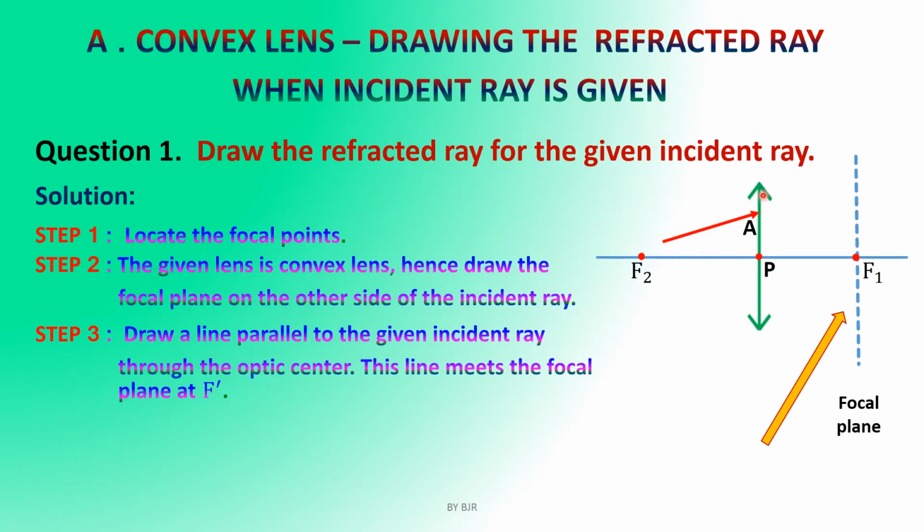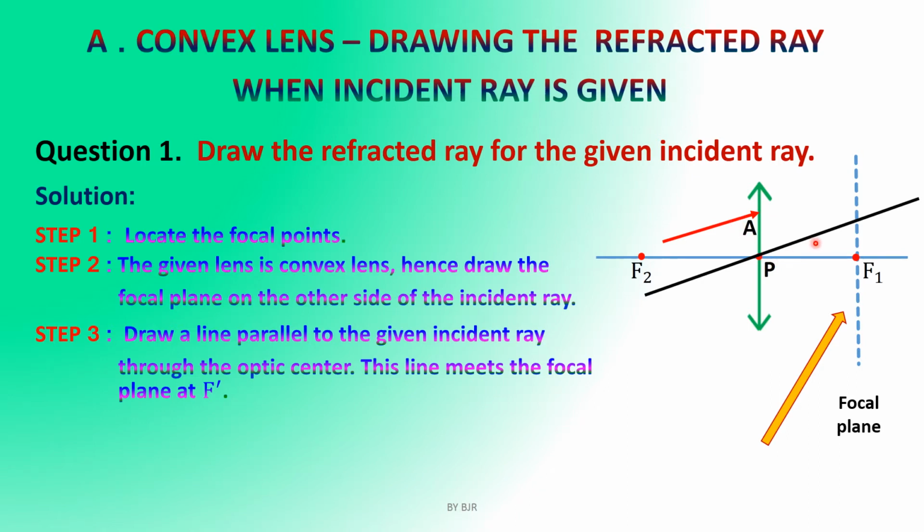Now I am going to draw a line parallel to this given ray through the optic center. This is the optic center. I am going to draw a line parallel to this given incident ray through this optic center. See how I am drawing this? Yes. This is the line I have drawn parallel to the given incident ray through the optic center.